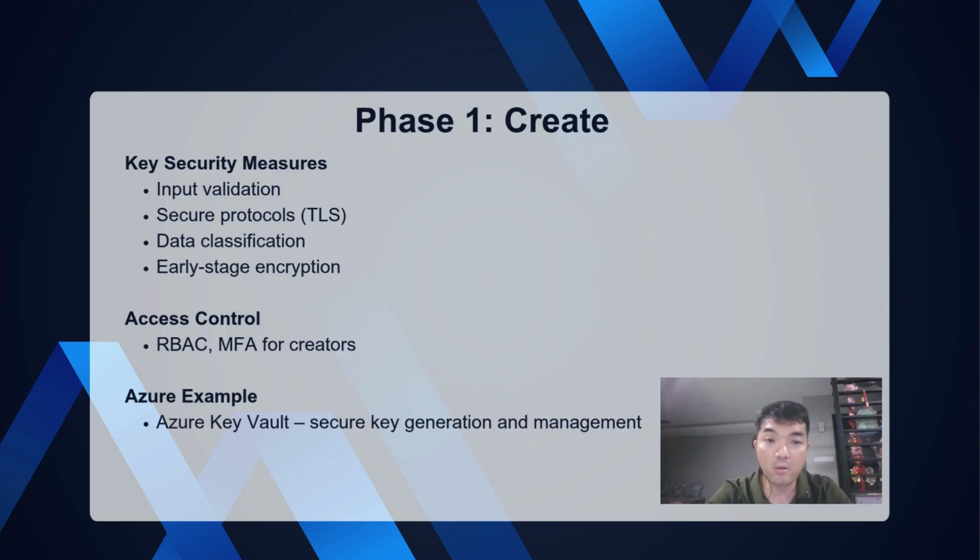Access control is restricted to role-based permissions, and also multi-factor authentication, which adds an extra layer of verification. An example is Azure Key Vault to ensure secure key generation and management.